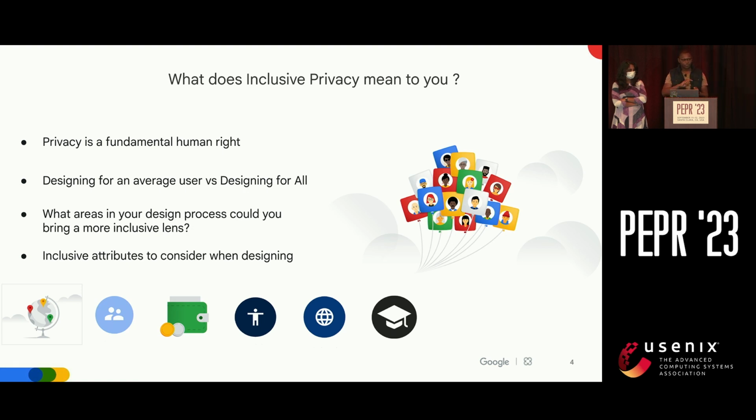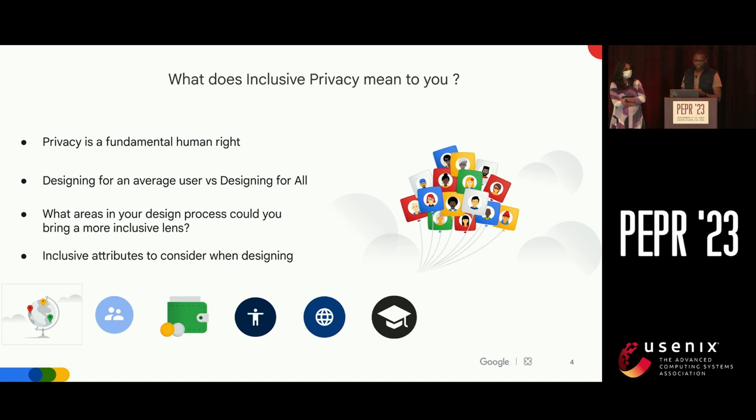And inclusive privacy comes in addition to that human right, to say there are various contexts for different users. And different users might face different privacy risks depending on their individual context.